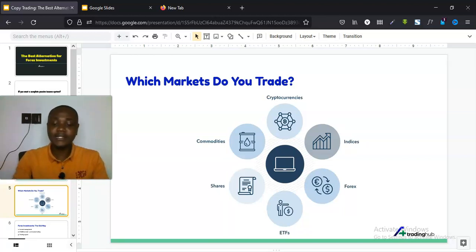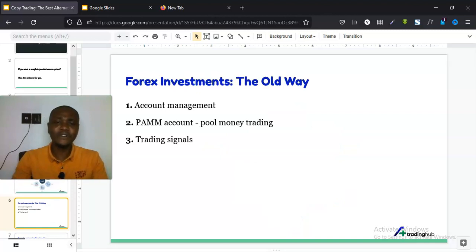So let's dive in. First of all, let's discuss Forex investments the old way. The first one is account management. You all know account management, how it works, but for the sake of those that don't know, let me just explain. The way account management works is that you create an account with a broker, then give out your MT4 or maybe MT5 login details to a trader to trade for you.